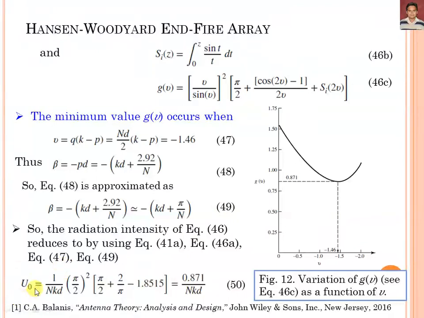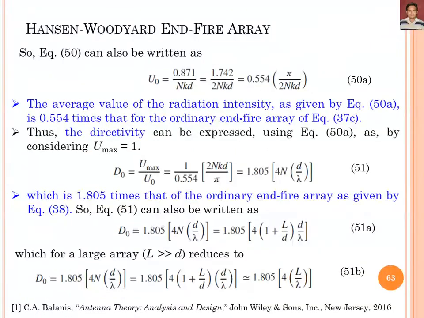We can get the average radiation intensity U naught by using this expression, which is equal to 0.871 upon nkd. As you can see, this is the 0.871 value over nkd. So we are getting the U naught equation as represented in equation 50.